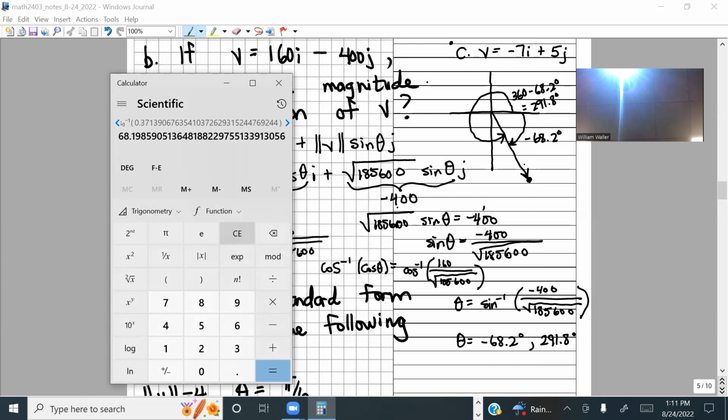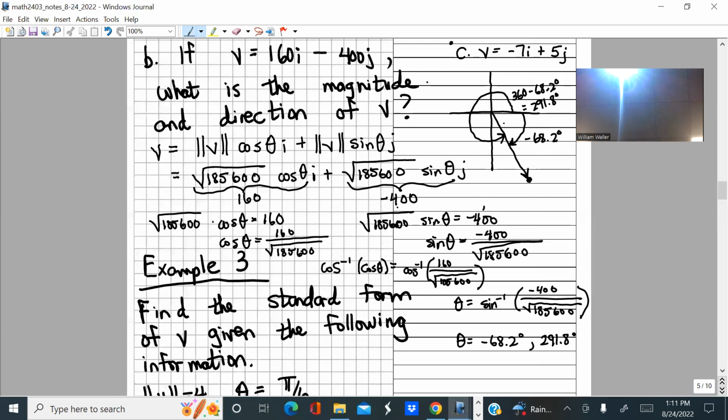So you have to think about what angle in the fourth quadrant is going to have reference angle 68.2 degrees. Well, it's either got to be minus 68.2 degrees or this big angle that loops around, the 291.8 degrees.